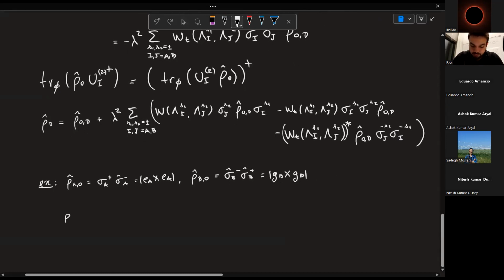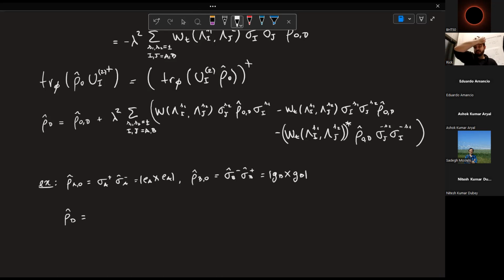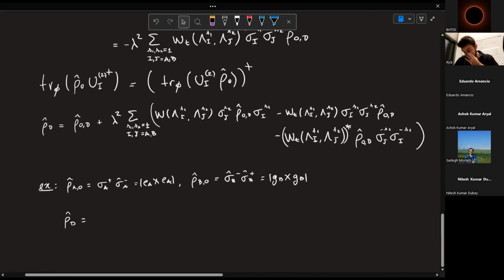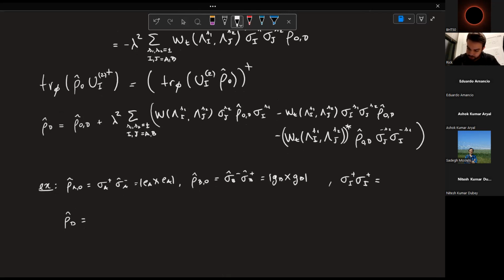In the notes that I'll post later tonight or maybe tomorrow morning, probably later tonight, you can really see which terms would be non-zero. I'm just going to write the final result for this. If you really compute this, basically using the fact that sigma plus I is equal to zero, right?